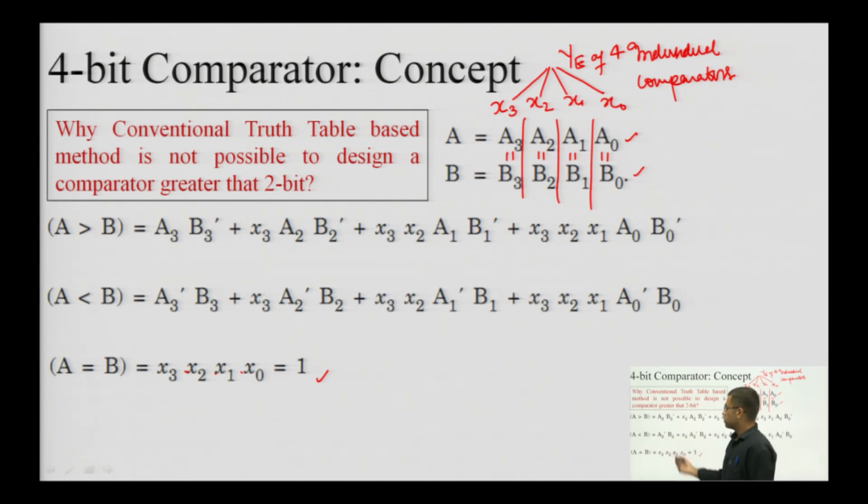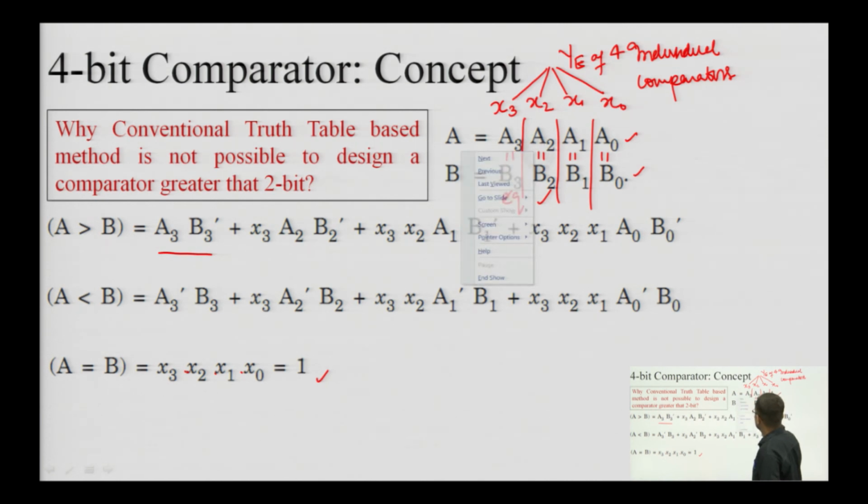Now, let us cover the expression for greater. For greater, the first possibility is A3 greater than B3, that is A3 B3 bar. This is the first possibility of A greater than B. Then, let us say A3 is equal to B3, but A2 is greater than B2.